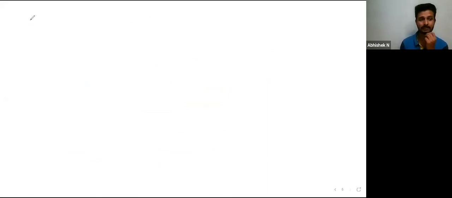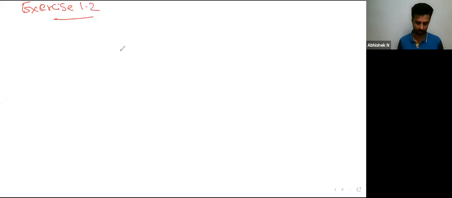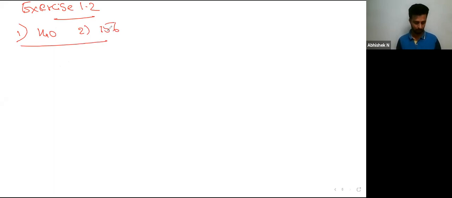From your exercise 1.2, in which the first one says, express each number as a product of its prime factors. Among these, the first one and second one are homework for you. I'll do the third one.